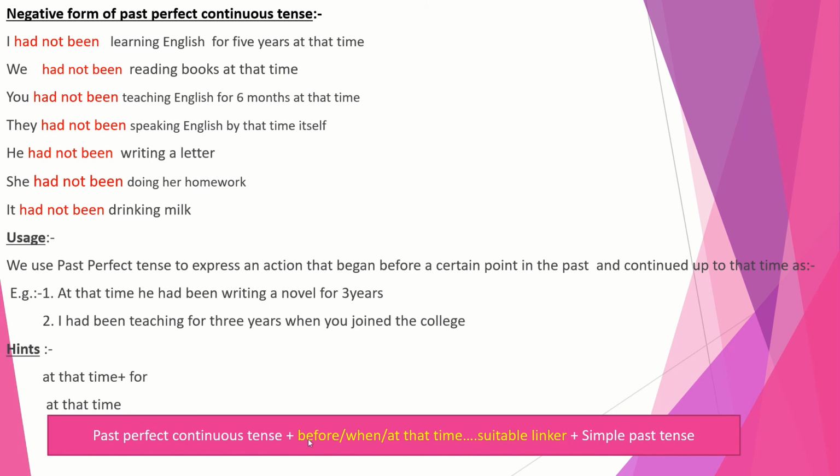If we have this combination, we must identify that particular sentence as a past perfect continuous tense sentence. But there is not so much importance for this past perfect continuous tense.